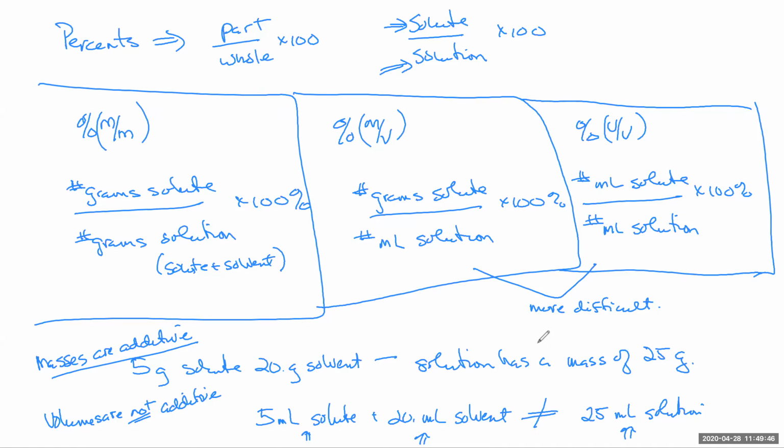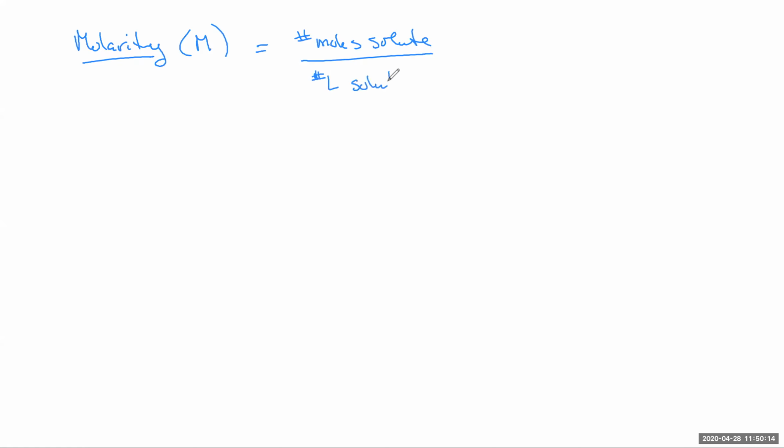So those are 3 formulas that I'm going to ask you to know. And then there's one other, and then we'll jump into doing problems. The other type of concentration that is very common and used the most in chemistry is molarity. Molarity is abbreviated with a capital M. And molarity stands for the number of moles of solute, and now you have to watch out for this one, divided by the number of liters of solution.